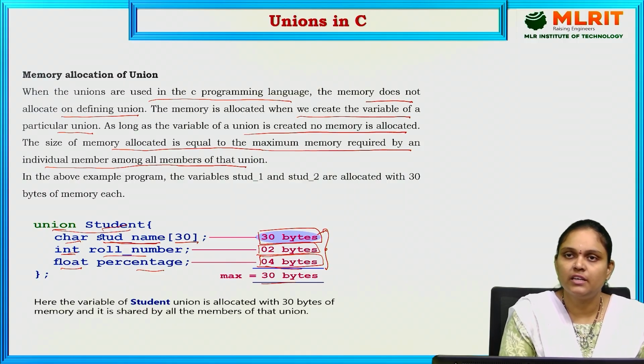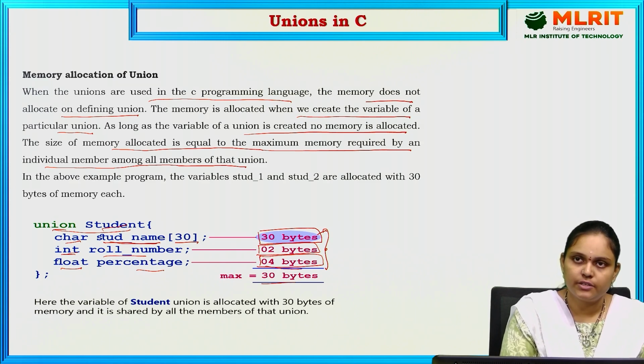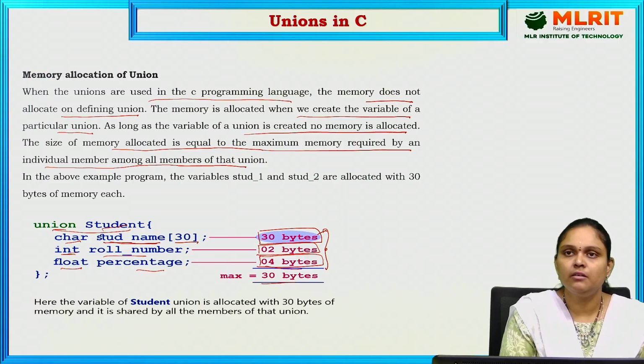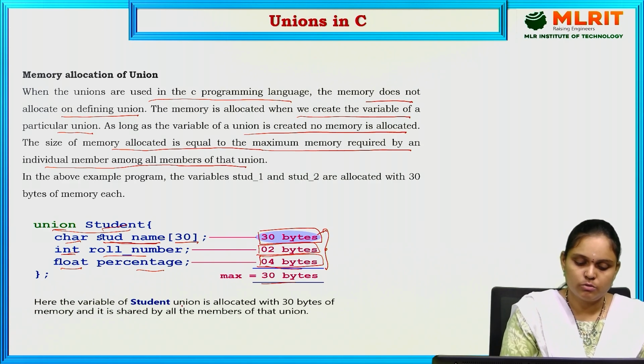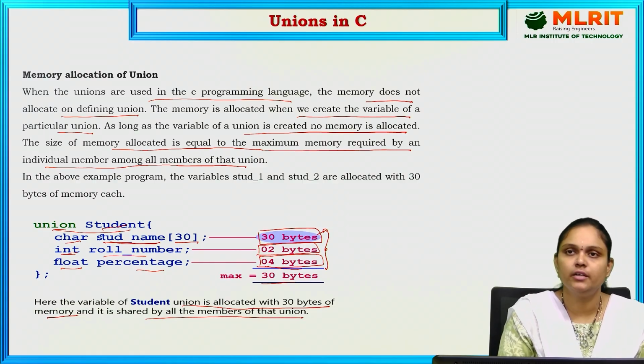Until and unless we declare a variable, the memory is not allocated. Instead of allocating memory to all the members, only the member with the largest data type determines the memory allocated to that union. So the memory is shared by all the members. Here the student union is allocated 30 bytes of memory, and it is shared by all the members of that union.